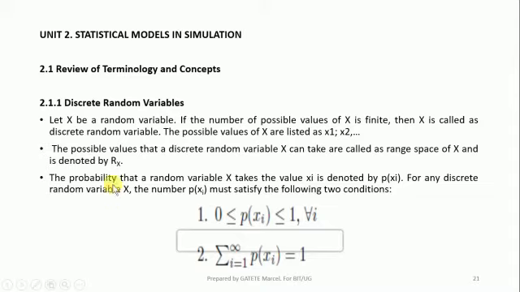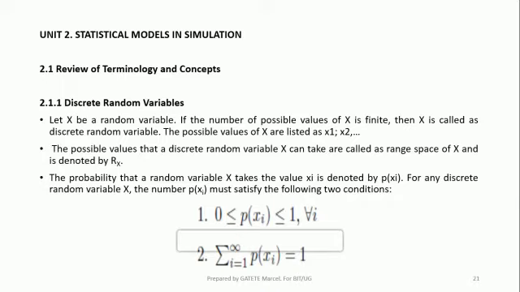So here the random variable takes the value xi, denoted by p(xi). For any discrete random variable xi, the numbers p(xi) must satisfy the following two conditions. In order that this probability exists, the two conditions must be met.